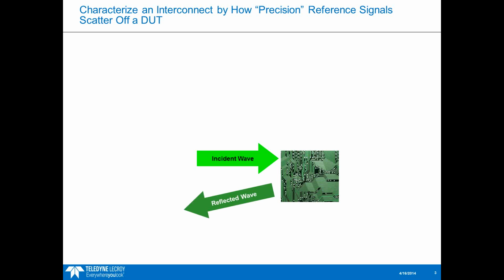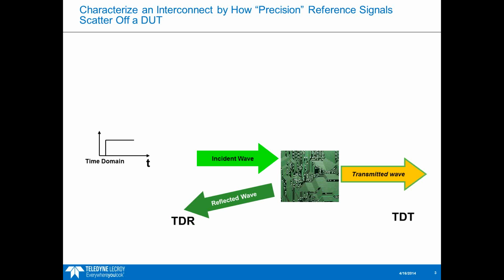So we send in some incident wave, and we can look at what reflects back and what transmits through. By doing this, we can completely characterize the interconnect, and we can know everything that we want to about how it's going to affect signals traveling through it.